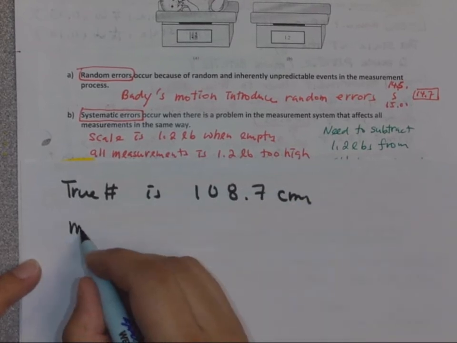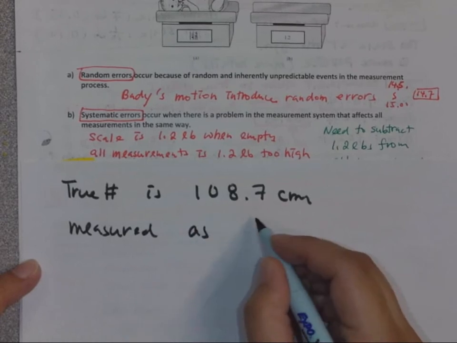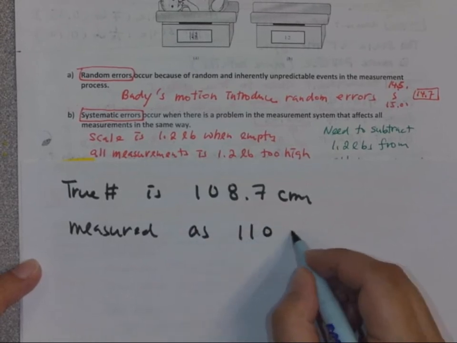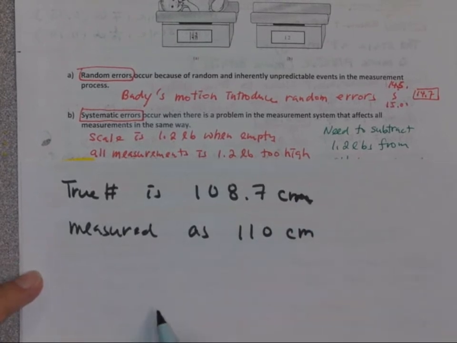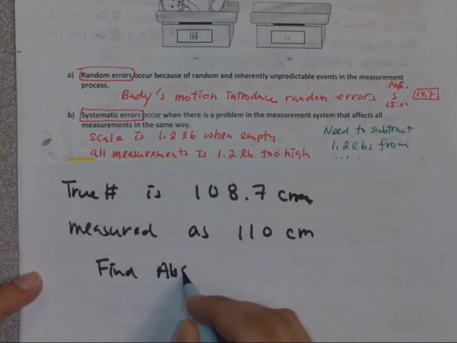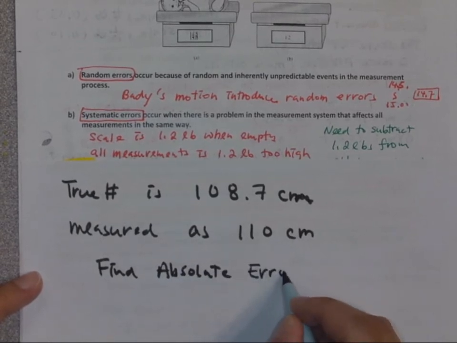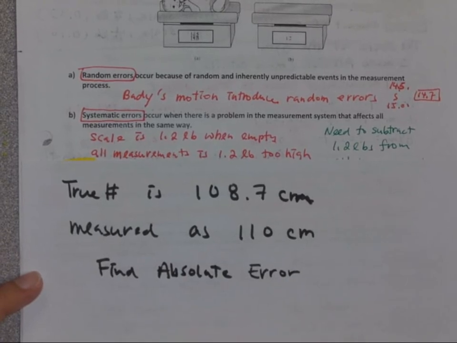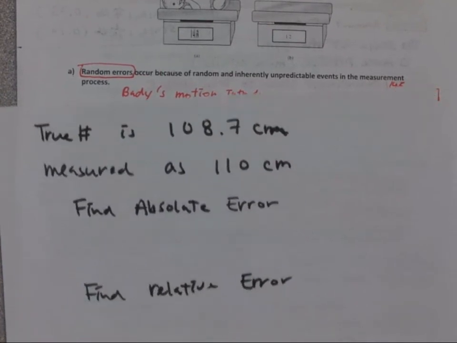And then the measured one is 110 centimeter. Okay, and we want you to find the absolute error, and we want you to find the relative error. So how do I find those?